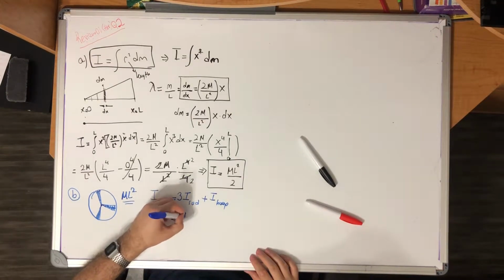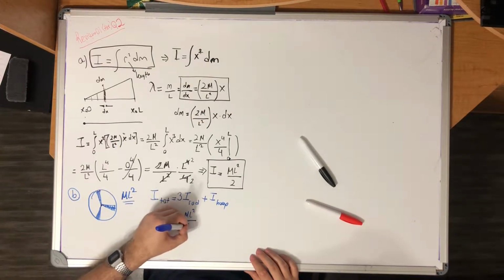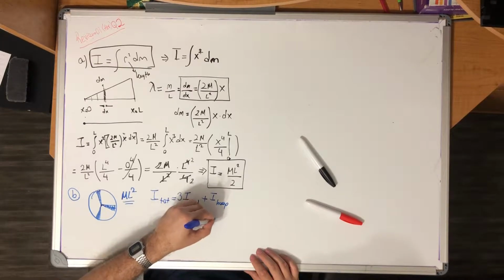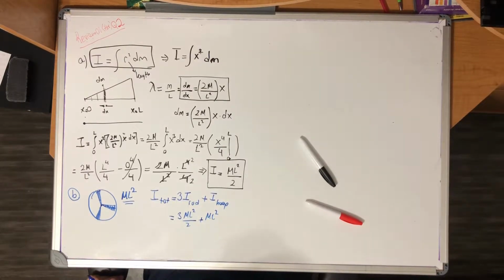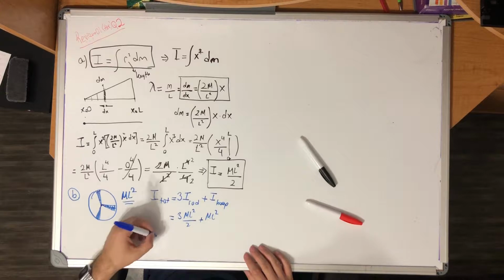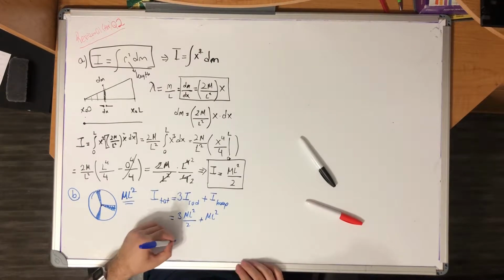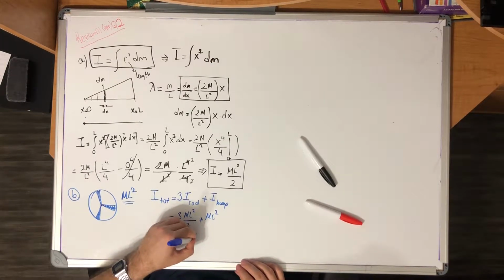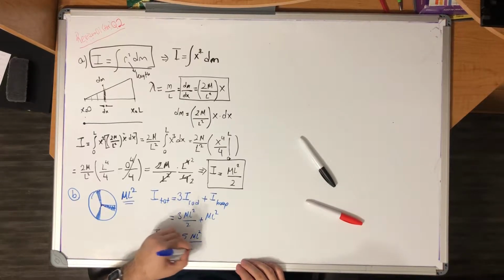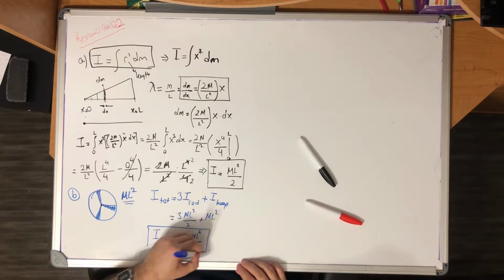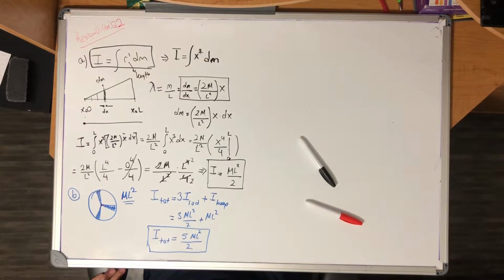So 3 times mL squared over 2 plus mL squared. If you think about it, 3 over 2 is 1.5 plus another 1, 2.5 mL squared. So your I total will be equal to 5mL squared divided by 2. So it's again 2.5, or 5 over 2 mL squared. And that is the total moment of inertia of my system.